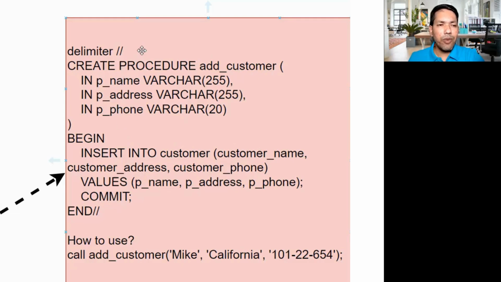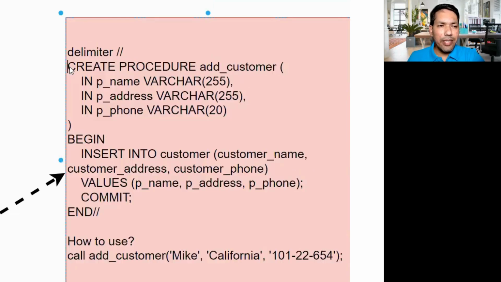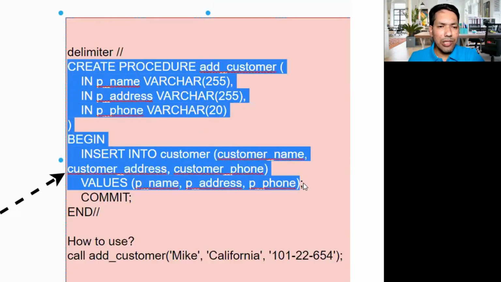One thing to note here is the delimiter. So what is a delimiter? A delimiter is basically a statement or line terminator. MySQL by default uses the semicolon as a line terminator. Now, if you do not change the delimiter here, it will consider from this line to this line as a single statement.